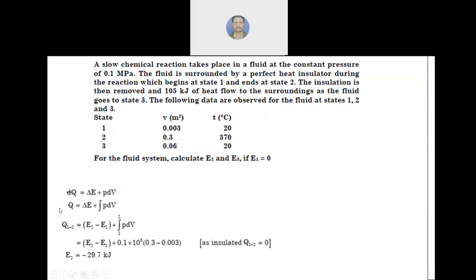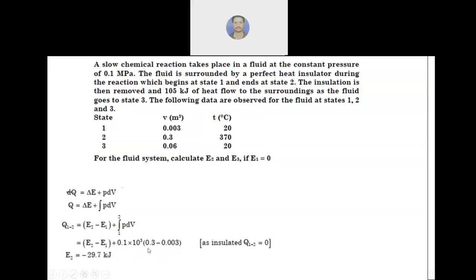Now proceed. First, law of thermodynamics, heat transfer equals to change in internal energy plus integral of PdV. Now for process 1-2 you can write Q12 equals to E2 minus E1 plus integral of PdV. Now in place of PdV, work done, how much?